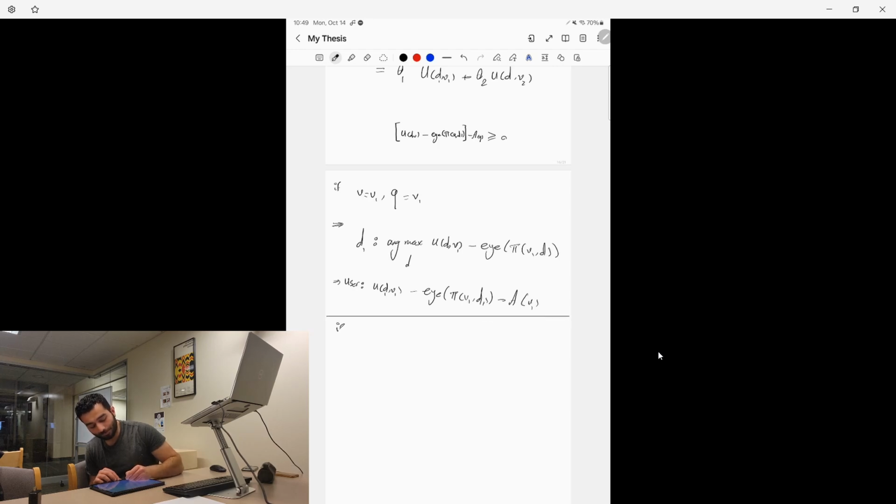If the user's type is V1 and Q, he says Q1 instead of being completely articulate.